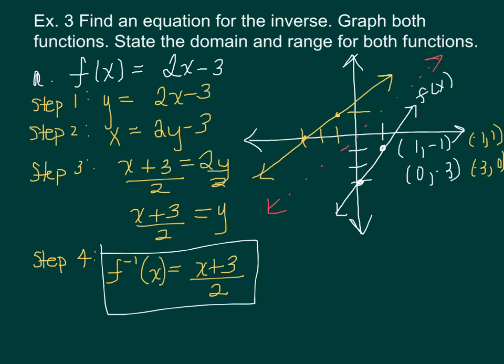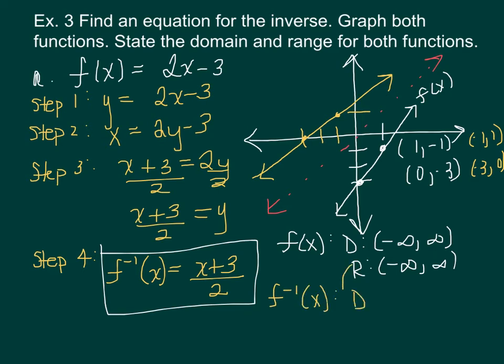Okay, so then they want us to state the domain. Well, for f, the domain would be -infinity to +infinity, because there's no square roots and no fractions. The range will be the same. Now, when you do the inverse, you would switch.